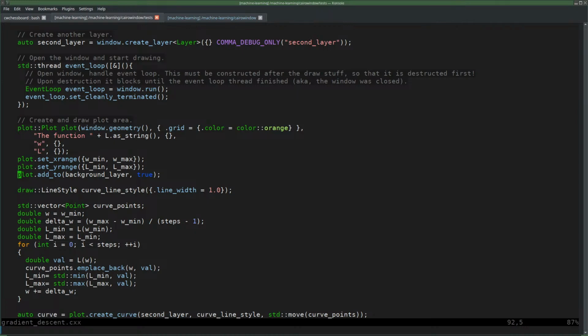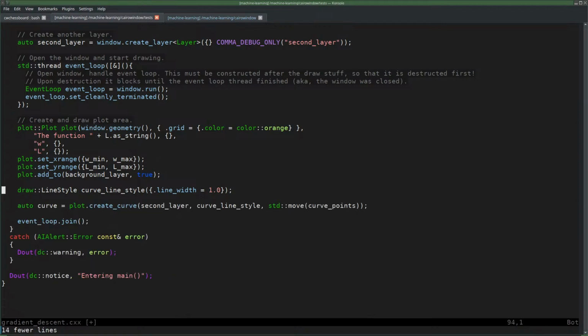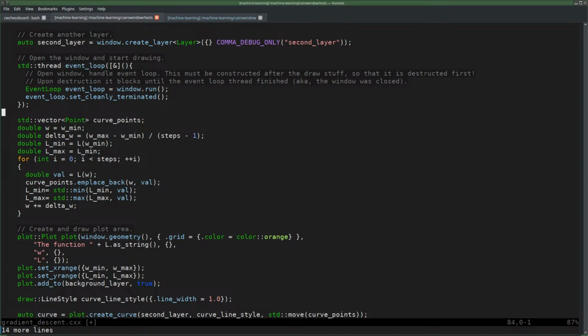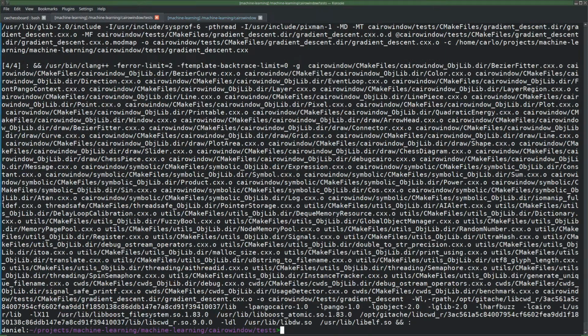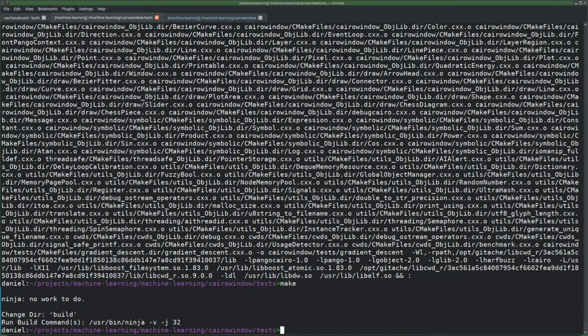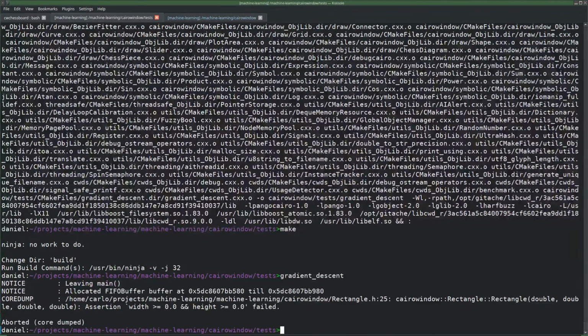That won't work. No. Insertion width is larger than 0 and height is larger than 0 or equal.